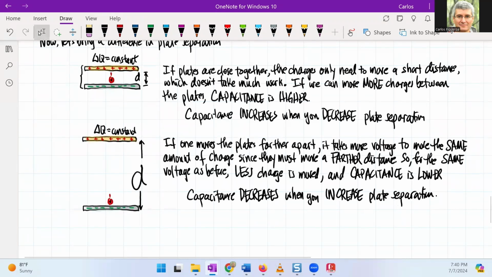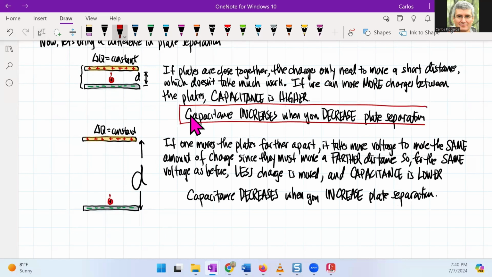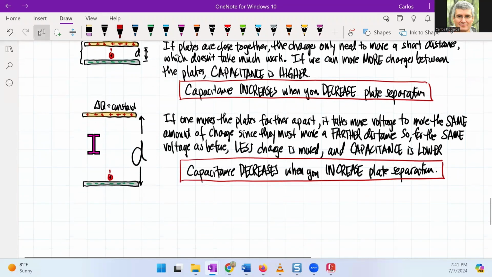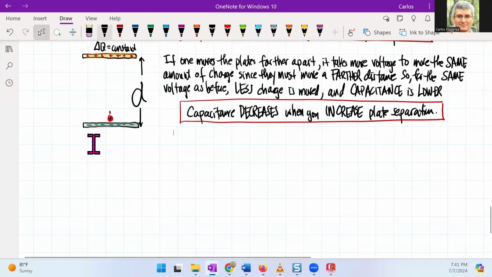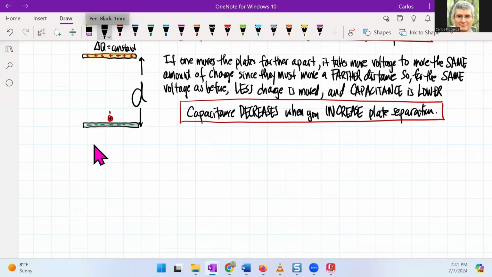So just remember, this is slippery. This is not an easy concept. But the bottom line is, can you move more charge or not? The final thing that we want to look at is the units of capacitance.